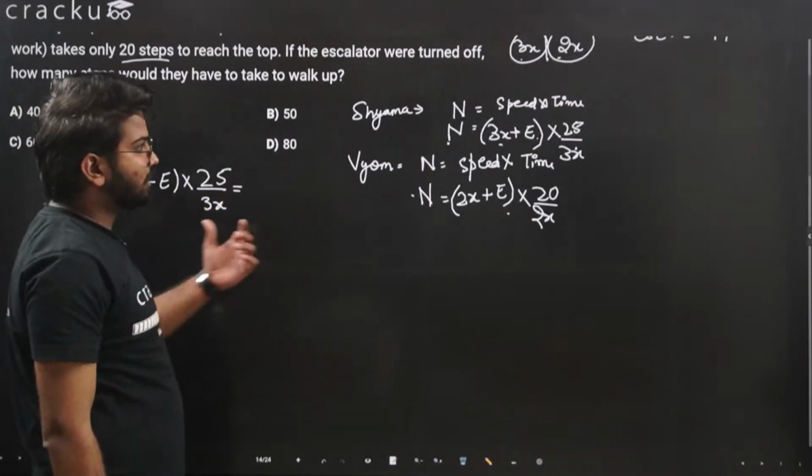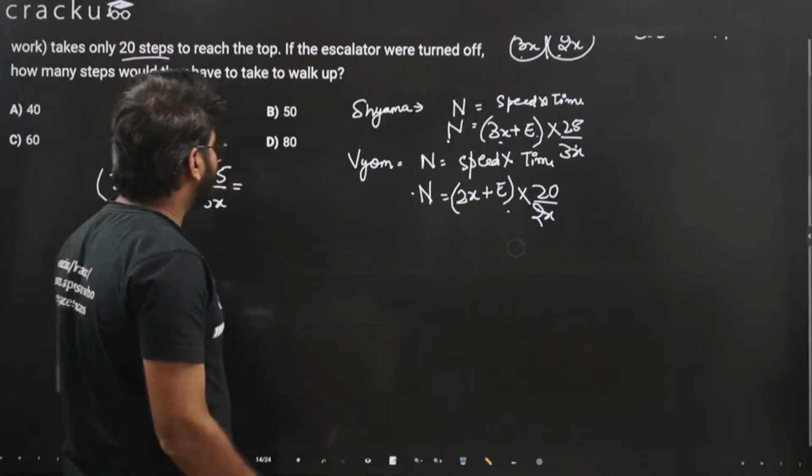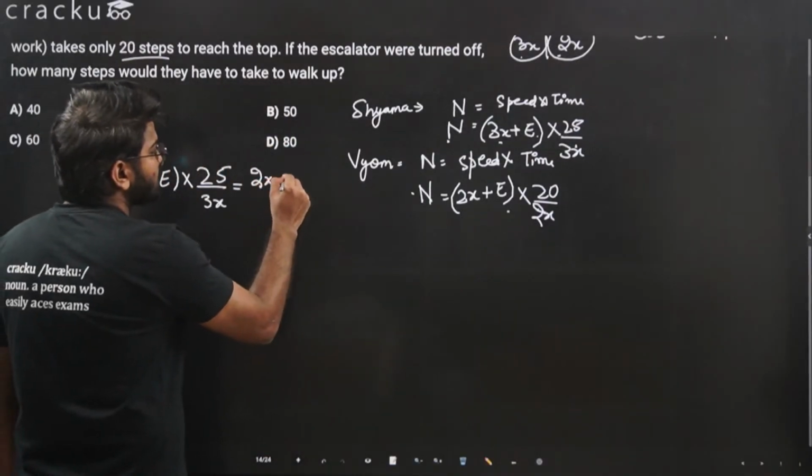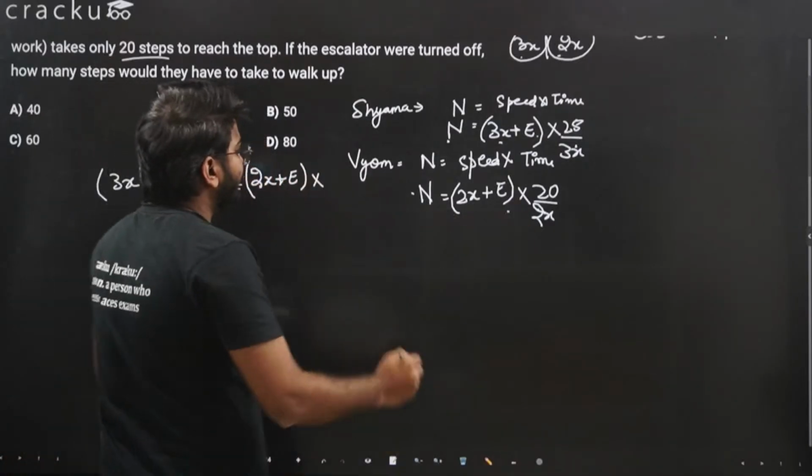This is equal to, this is the total number of steps and this is also the total number of steps. So this will be 2x plus e into 20 by 2x.